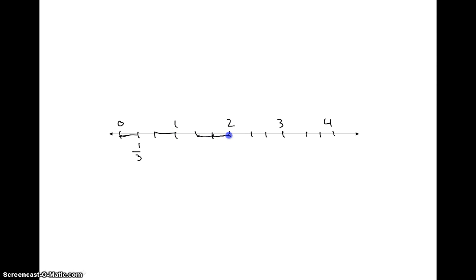If I put these together, it's another 1/3, and let's just do one more. So let's say this line segment. Well, now we have 1/3, 1/3, 1/3, 1/3, 1/3. So what we have is 5 copies of 1/3. It doesn't matter where they are, but I've got a collection of these 5 line segments that we've identified as 1/3.